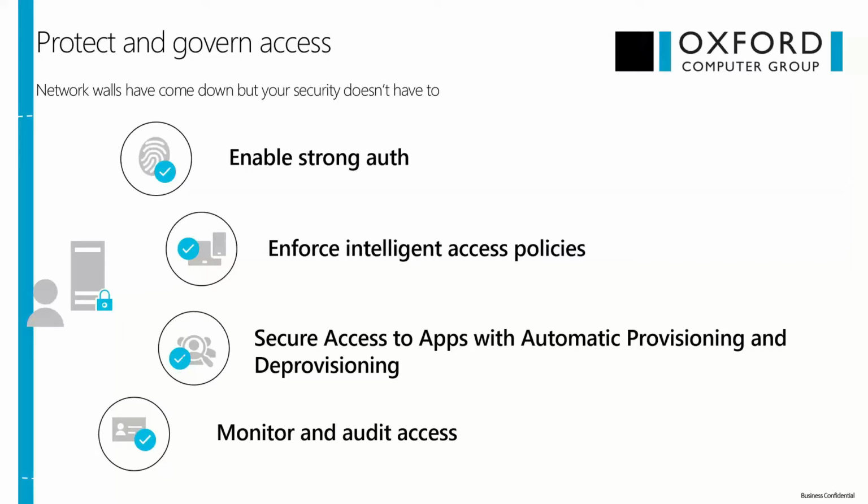It simply helps ensure your identities are kept safe and keeps infiltrations into the environment to a minimum. Enforcing intelligent access policies through contextual or conditional access policies, which many of the mainstream identity providers can now provide, is also critical.